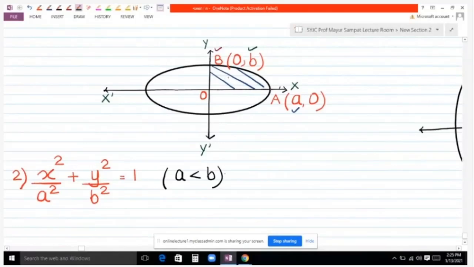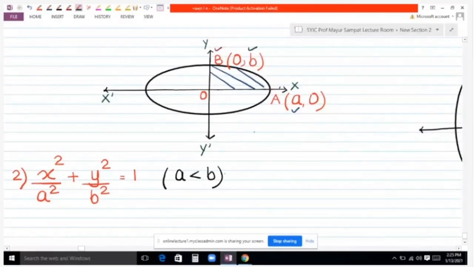In the first case, the x-intercept is considered to be greater than the y-intercept. So when you see the distance from the center, from O to A and from O to B, which distance is greater, O to A or O to B? The distance from O to A is greater than the distance from O to B. What is the reason?